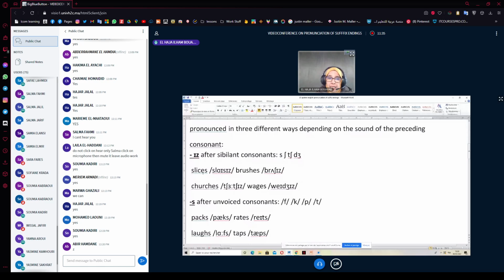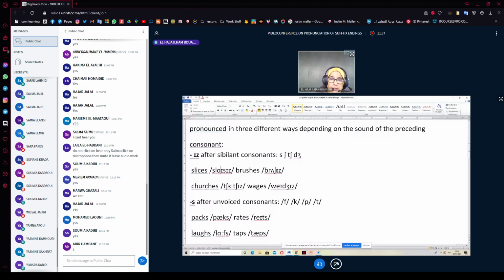Here we have slices, brushes, churches, wages. What do we have in the end? Normally we have the plural. So here the S is pronounced as iz.